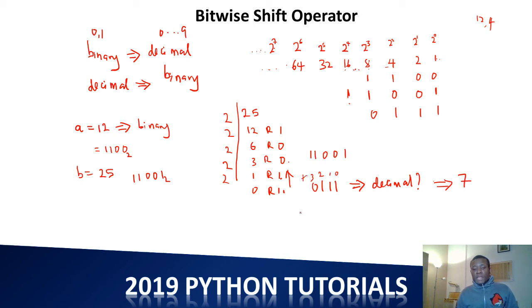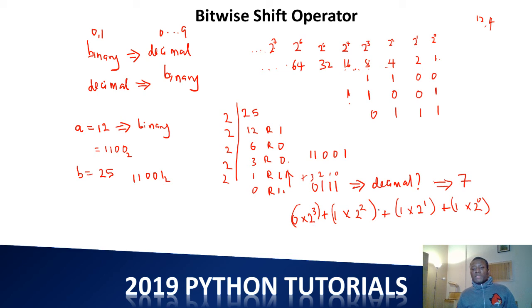So what in the textbook they will do is they will say you do 2 to the power 3 plus 0 times 2 to the power of 3 plus 1 times 2 to the power of 2 plus 1 times 2 to the power of 1 plus 1 times 2 to the power of 0.